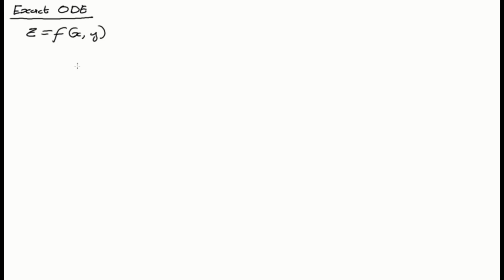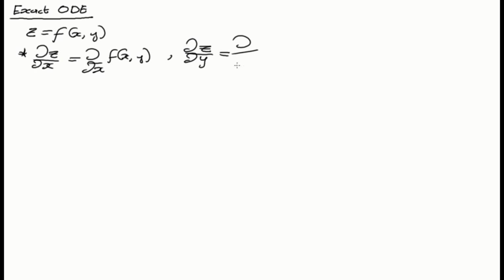It only has two variables. So what could be the first partial derivative here? With respect to x, it is the partial derivative of f(x,y). The next thing that you can get is the partial derivative with respect to y, the partial derivative with respect to y of f(x,y). Good.